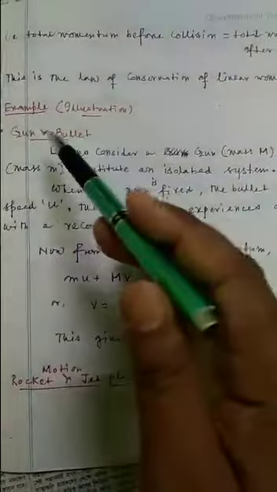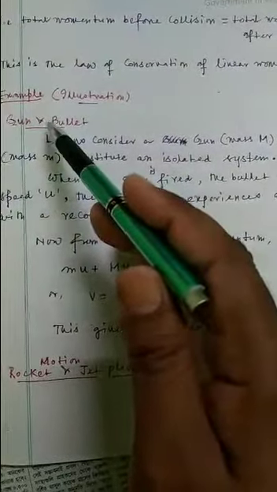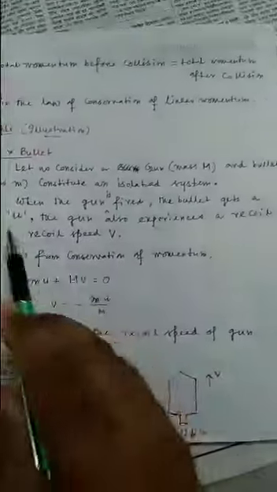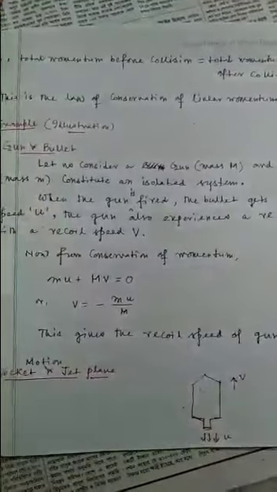Now here are some other illustrations of conservation of linear momentum. So here it is a gun and bullet system.